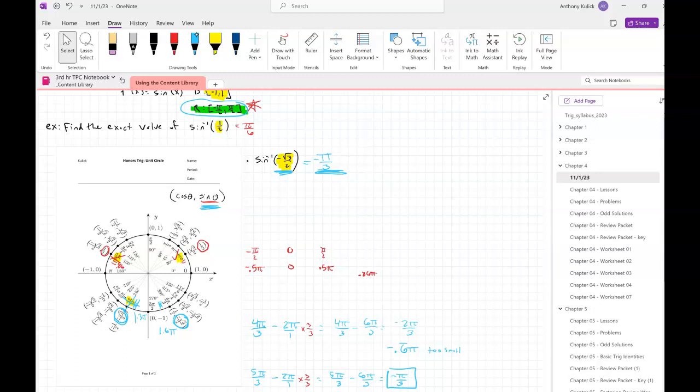Actually, before we summarize, can I point something out? We know that the range for this function was negative pi over 2 to positive pi over 2, right? If I want the angles between 0 and pi over 2, where do those angles live on the unit circle?